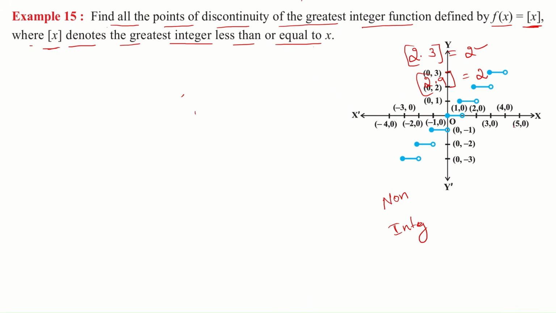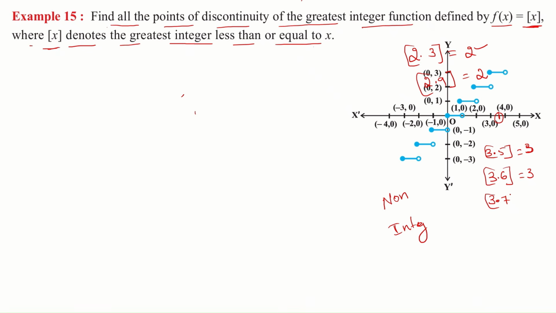For example, I will take the value 3.6, a non-integer. What is the value of the greatest integer function for 3.6? It is 3. I will take the left hand limit, say 3.5. The greatest integer function for 3.5 is 3. Then I take the right hand limit, 3.7.